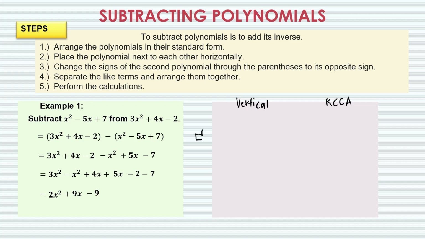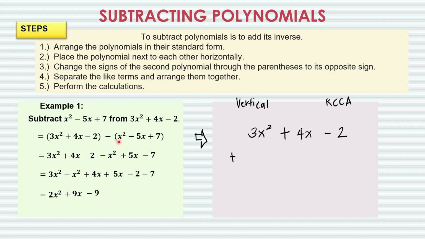Let me proceed here, since we already identified which is the minuend and which is the subtrahend. So let me copy the minuend, 3x squared plus 4x minus 2. Okay, and then change this one, your minus sign. If I put it here, that will be positive.